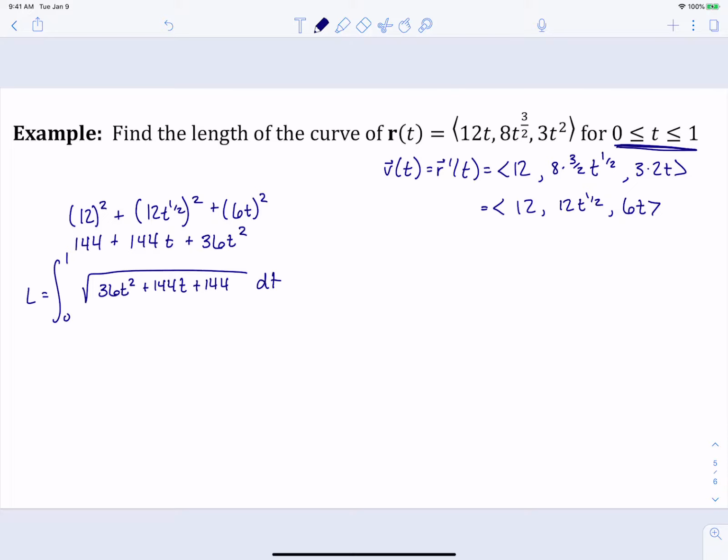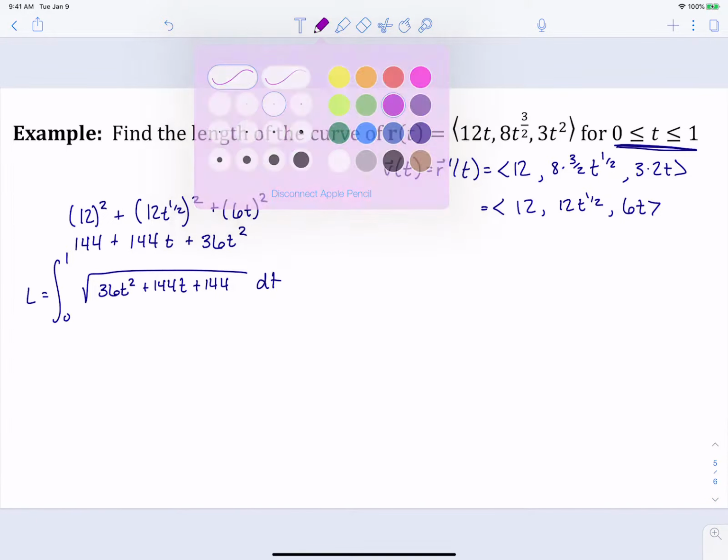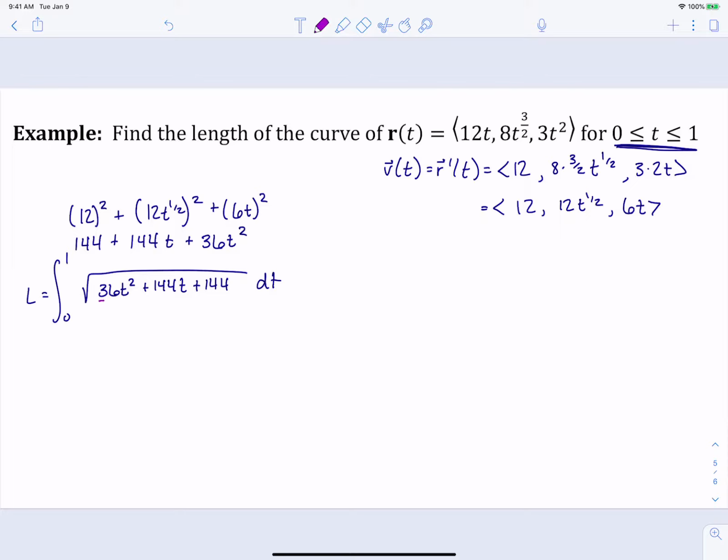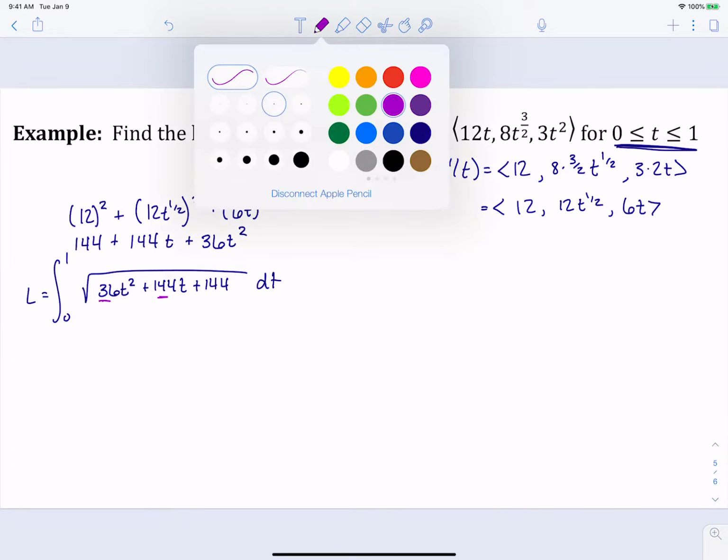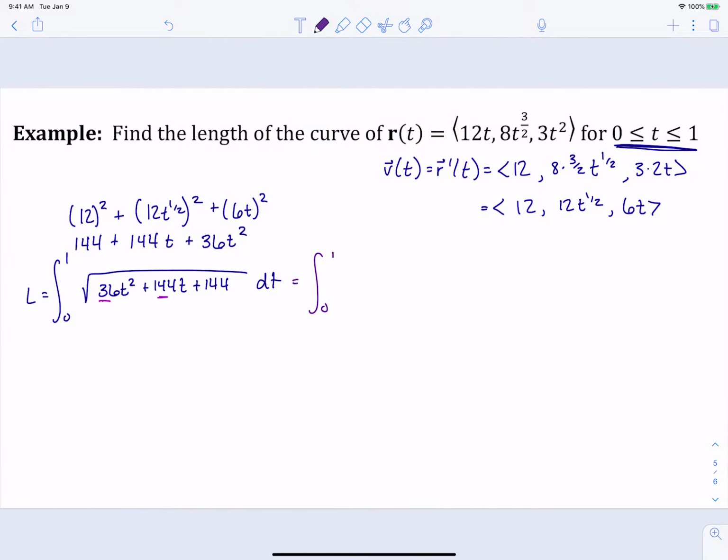Things to look for are any common factors. One of the first things I checked is I divided 144 by 36 to see if we had a common factor of 36. And what was wonderful is that we absolutely do. So we can factor out that 36 and you end up with t squared plus 4t plus 4.